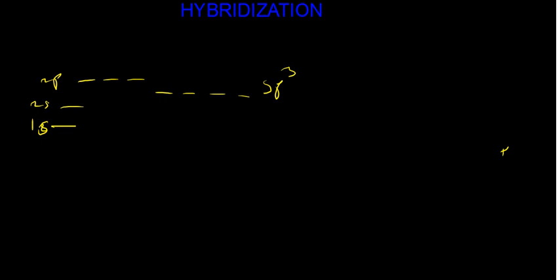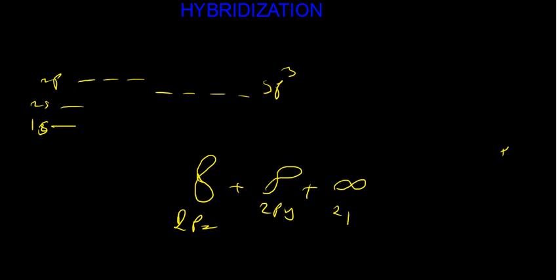What is coming together is the 2pz with the 2py, together with the 2px. This is now going to form one orbital. Remember it also came together with the 2s. So these are forming one orbital, which is going to look like this.